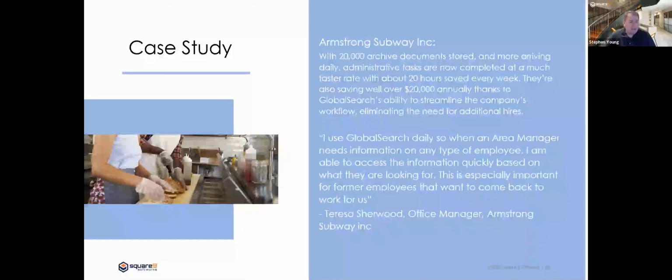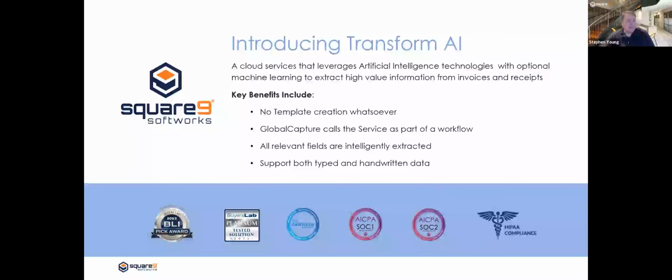So again, Teresa Sherwood was a great partner of ours. She's the office manager at Armstrong Subway. And again, quickly made the case for an investment like this and a solution for human resources management.